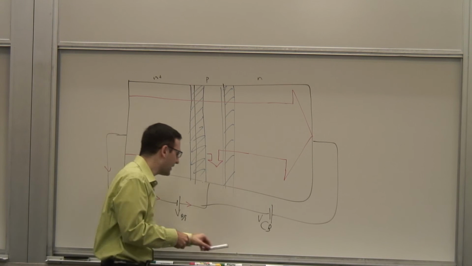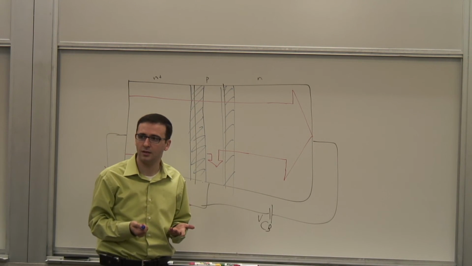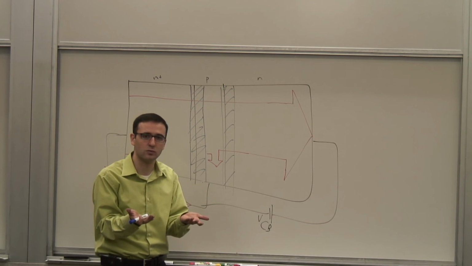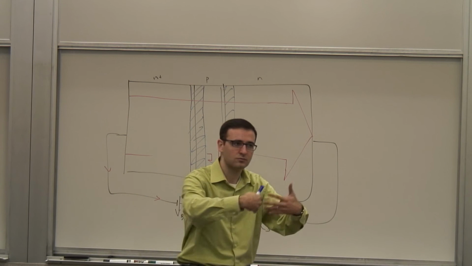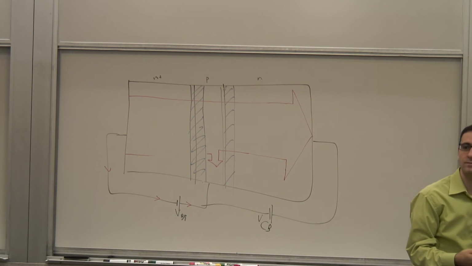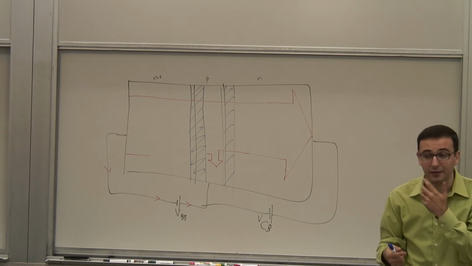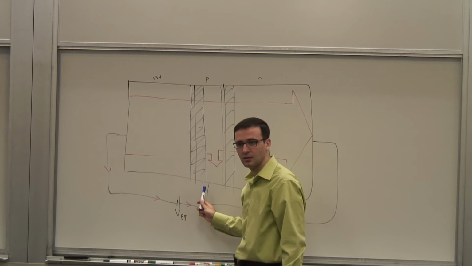Holes. Now, if they get recombined with holes, it means that the density of holes is dropping, right? But to maintain a constant density of holes, what needs to happen? You have to replenish the holes. Where do they come from? The battery, right? But more accurately, the base current, right?